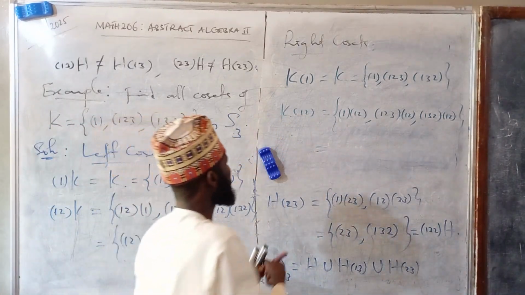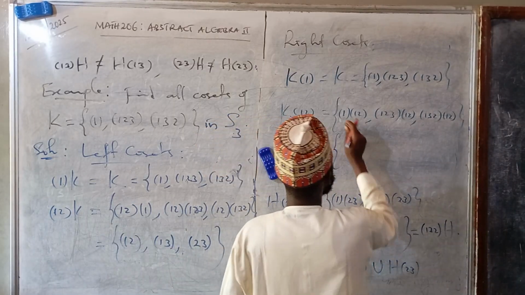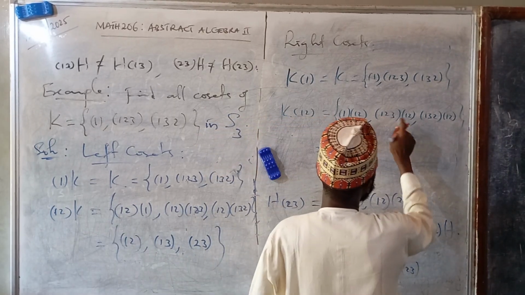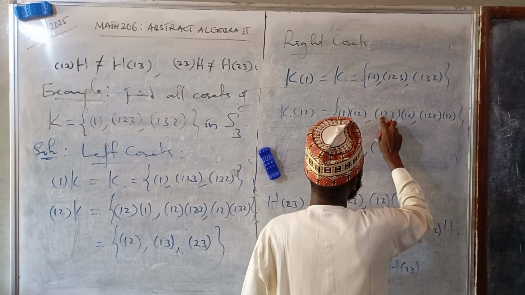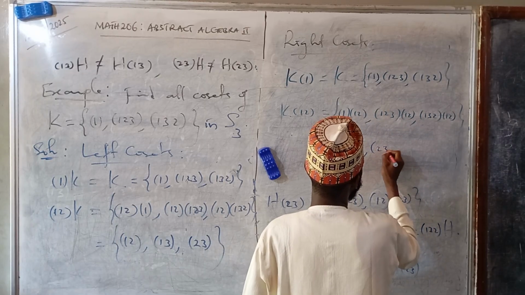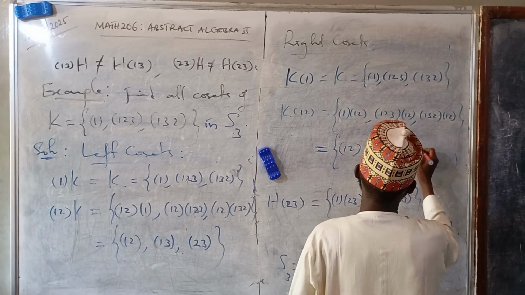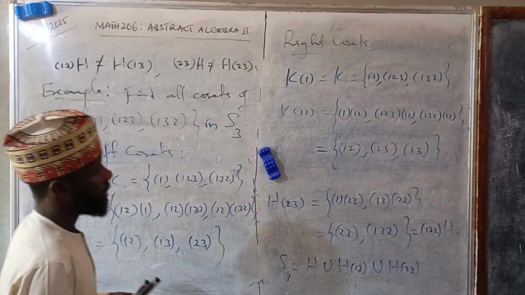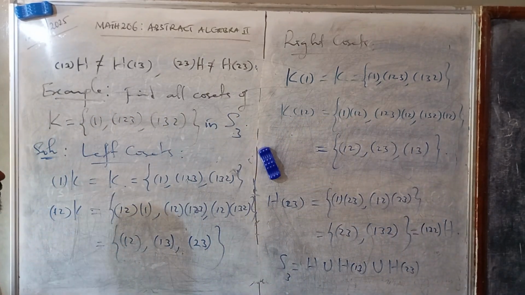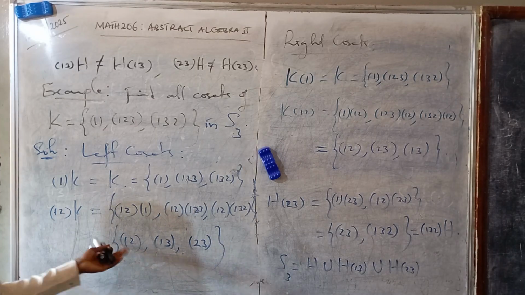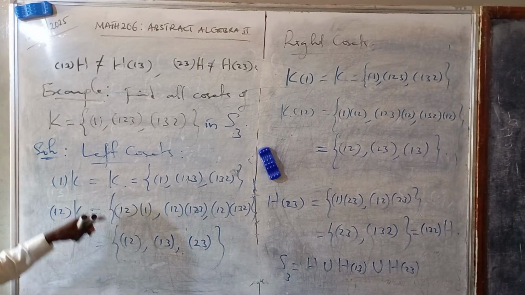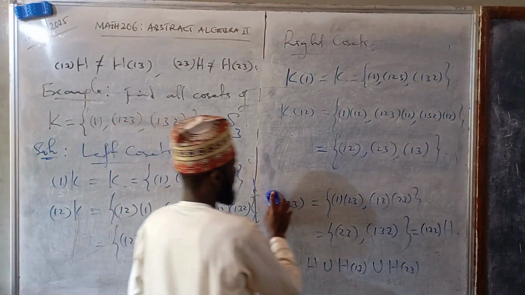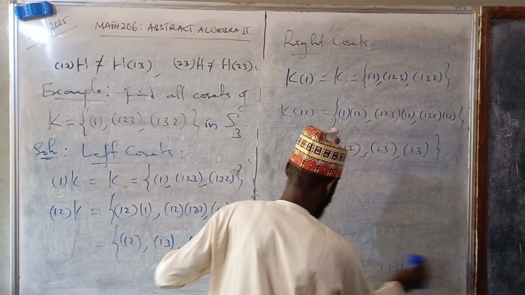So you have no difficulty seeing that this product will still give (1 2), and the others will give (2 3) and (1 3) over here. So for this particular subgroup, every left coset is a right coset. And every right coset is also a left coset.